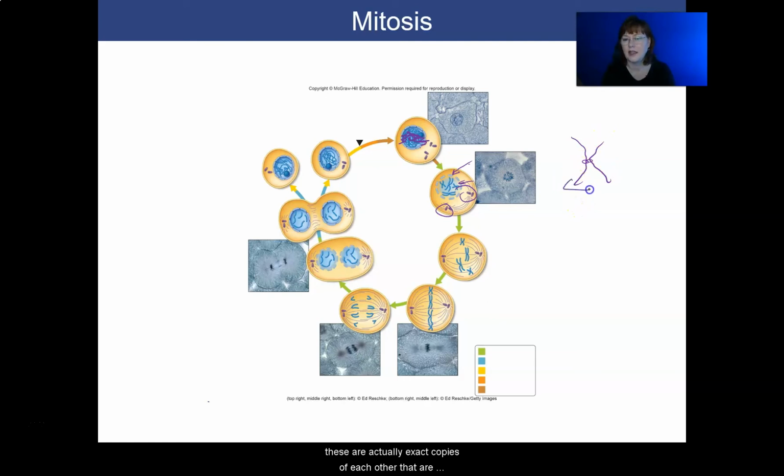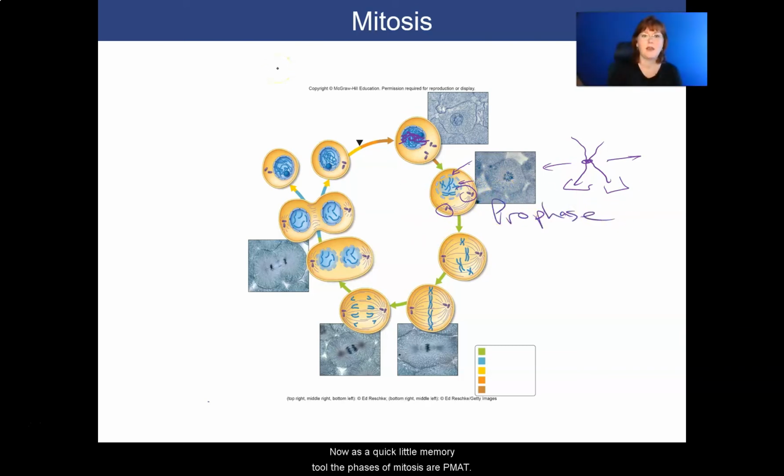These are actually exact copies of each other that are held together in the middle, and then eventually those will get pulled apart. So this first phase, where we're getting rid of that nuclear membrane, condensing our DNA, and moving those centrioles, is going to be prophase.